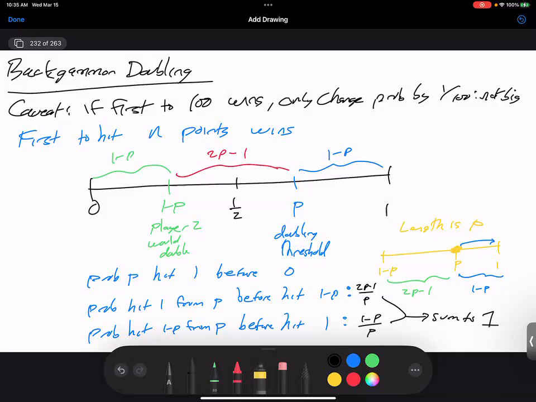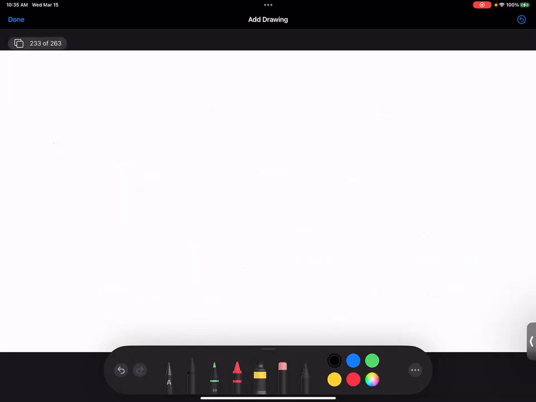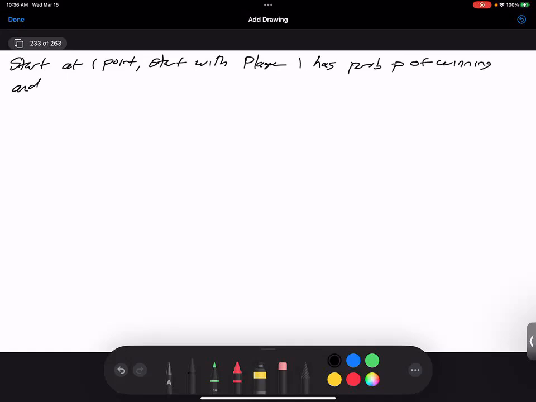Okay, so if we're good on this, now let's try to do the flow chart. And so this is where things get a little bit annoying. So we're going to start with the game worth 1 point. And then we're going to see what happens. So start at 1 point. Start with player 1 has probability p of winning and doubles.